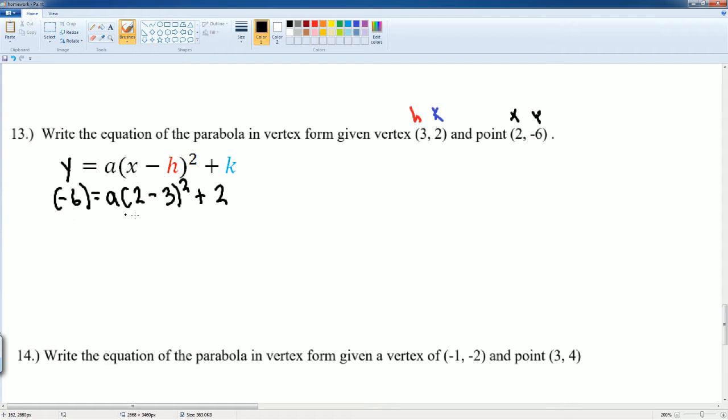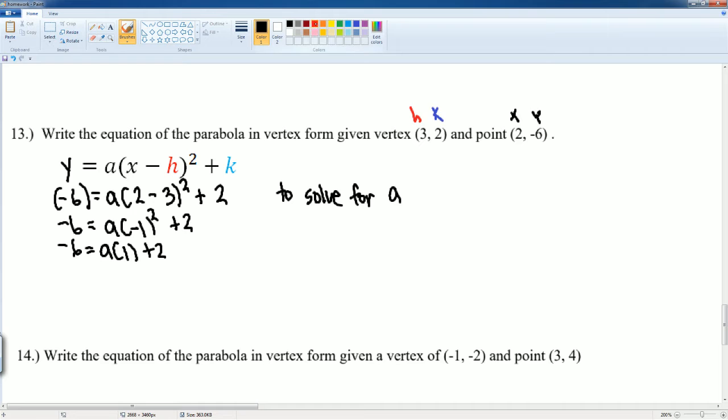We do this so we can solve for A. Okay, let's do that. -6 is equal to A times (2 minus 3), which is -1, squared, plus 2. -6 is equal to A times 1 plus 2. I'm going to subtract 2 from both sides, and this gets me -8 equals A times 1, and A times 1 is just A. So A equals -8.